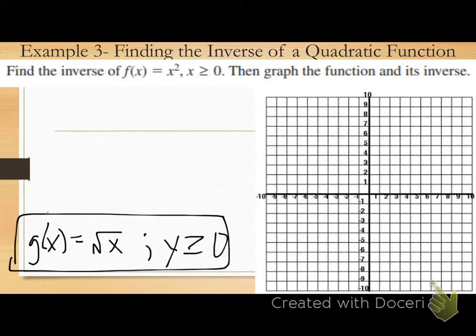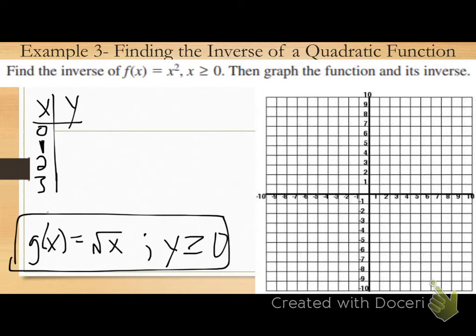So let's create a table of values for our original function, f of x equals x squared. Am I going to plug in any negative values? No, because my domain is limited to only positive values. So I'll start at 0 and just work my way up from there. 0, 1, 2, 3.